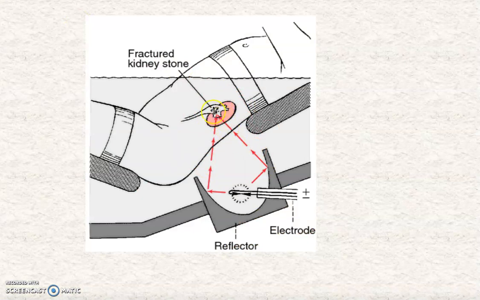One of the ways we handle kidney stones is, kidney stones are these calcium deposits that develop in people's kidneys. And they're pretty large and they're too large to pass through the urinary tract and outside the body.